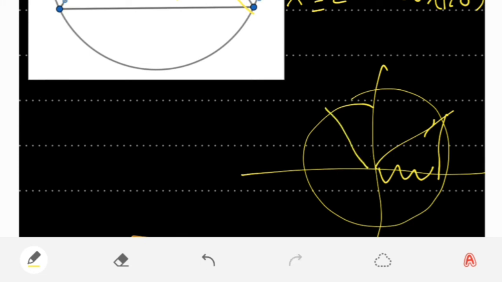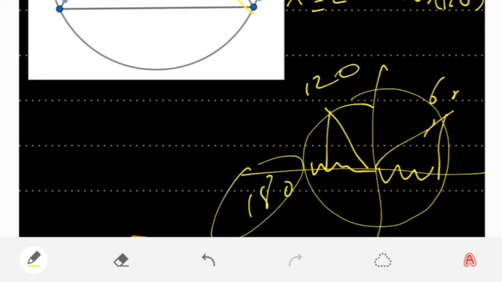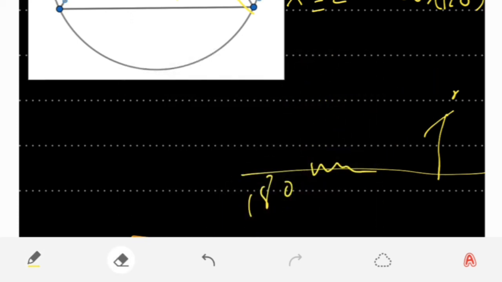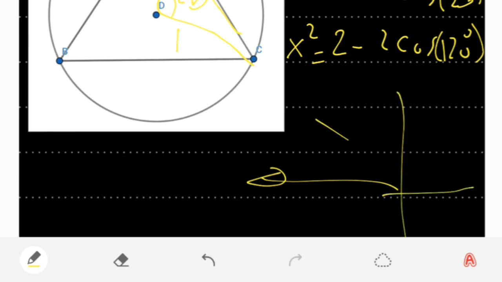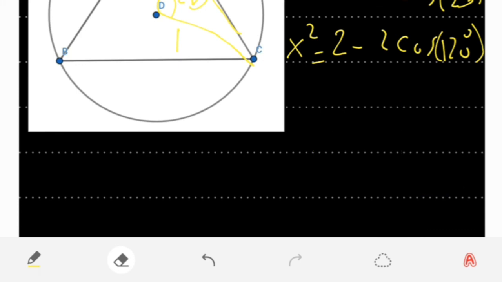This is 60, this is 120, and this is 180. So if you do 180 minus 120, you will get exactly 60 degrees, okay? So it has the same cosine but negative. 120 has the same shadow, let's say.